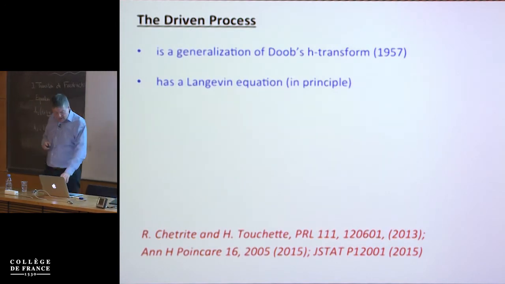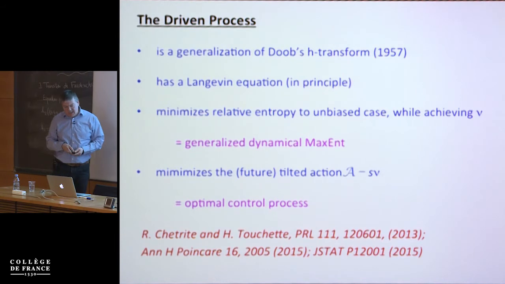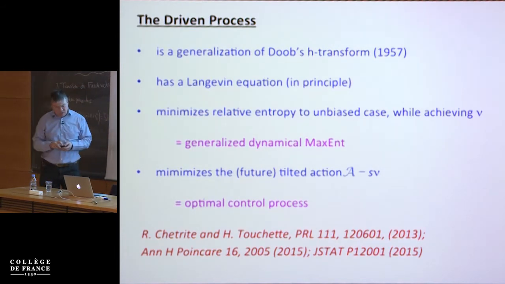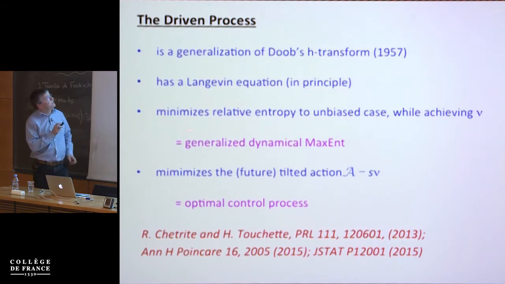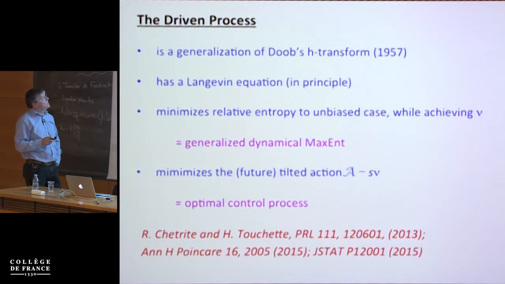Because it has a Fokker-Planck equation, it has a Langevin equation. Other properties, you can think of it as a generalized maximum entropy strategy, if you like. It minimizes the relative entropy of the paths to the unbiased case while achieving the required unlikely 60-40 heads to tail ratio, for instance.